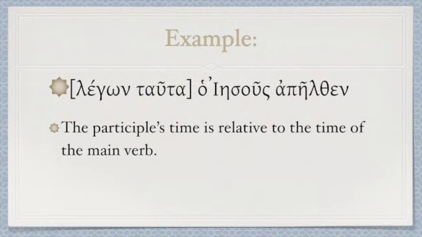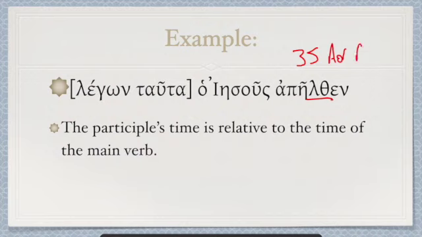But since our main verb is aorist, apelthen, we get the elth there. So this is going to be third person singular, aorist, active, indicative. And so Jesus' departure occurred in past time. And so by nature of his departure occurring in past time, even though our participle is in present tense, it's continuous with his departure.